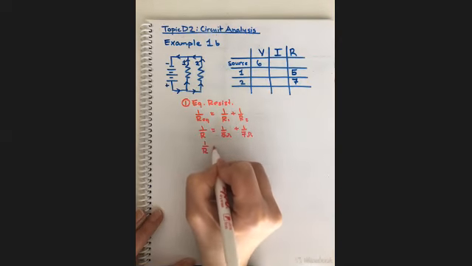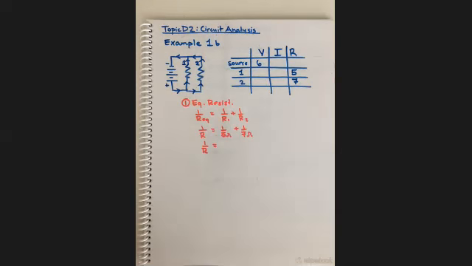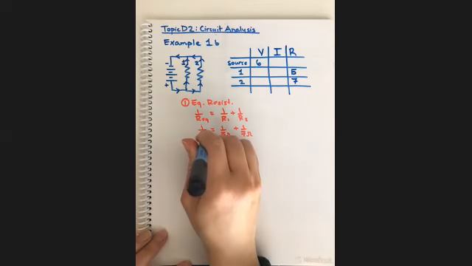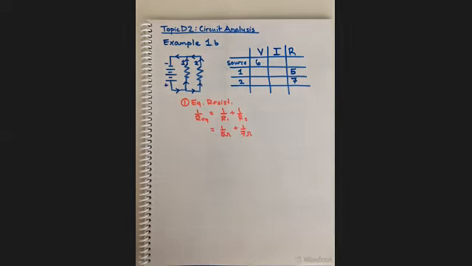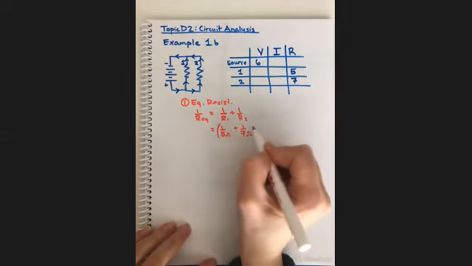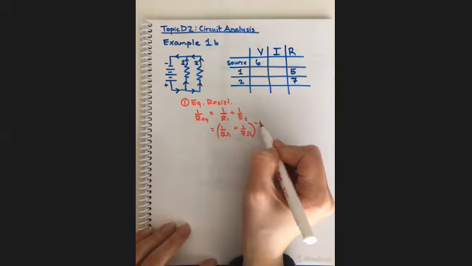Now I have this trick: I really don't want 1 over R, I want R, so I'm going to use my reciprocal button right away. The reciprocal button is the same as taking the entire thing to the -1.